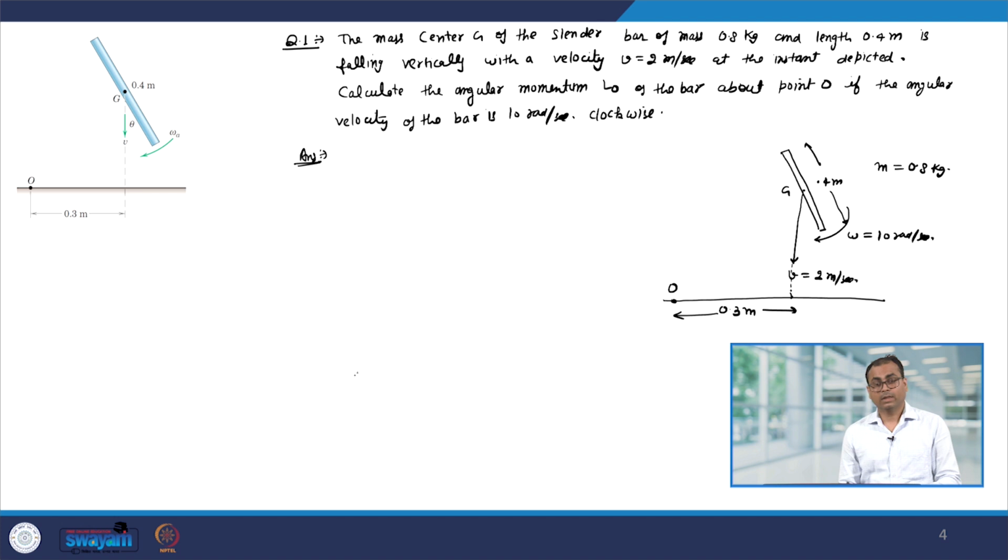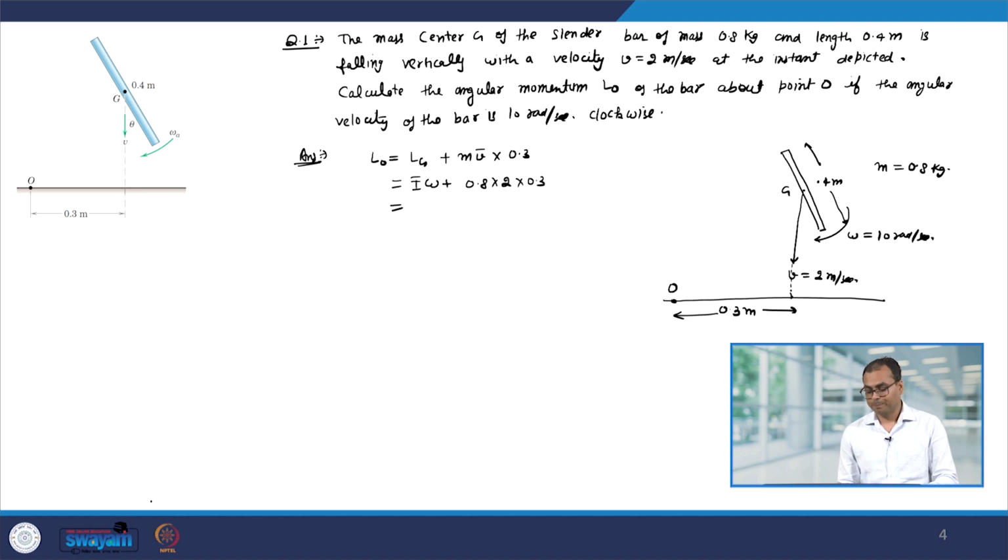Okay. The angular momentum about O will be the angular momentum about G plus the moment of momentum, and the momentum is mv and its moment is you have to multiply by the perpendicular distance, which is 0.3. Okay. Now, L_O will be I bar omega plus m, which is 0.8, velocity is 2 meter per second multiplied by 0.3.